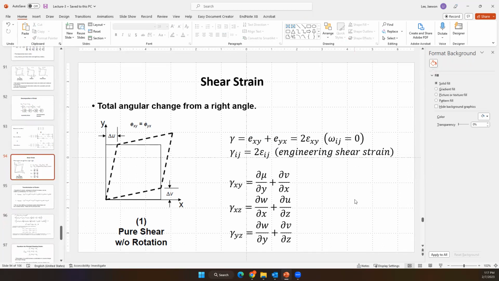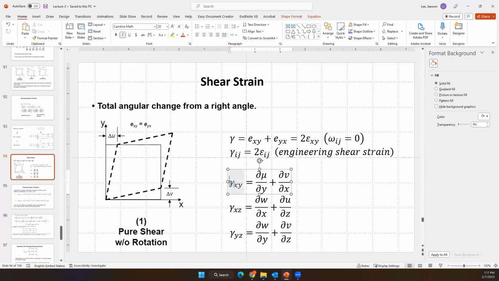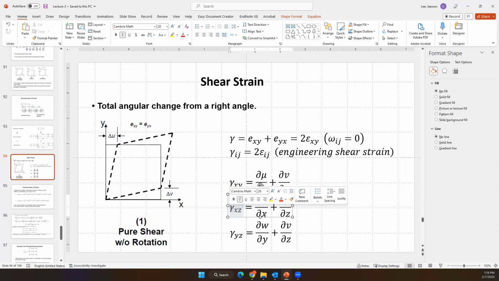So we can express gamma XY equal to ∂u over ∂y plus ∂v over ∂x, gamma XZ is equal to ∂w over ∂x plus ∂u over ∂z, and gamma YZ equals ∂w over ∂y plus ∂v over ∂z.